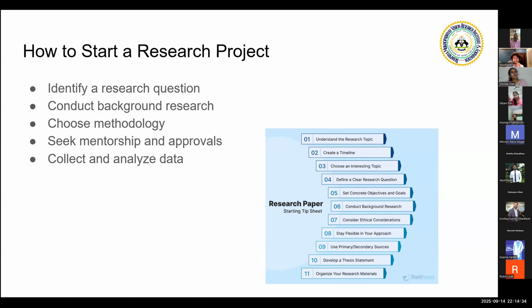Any research can be done with the approach of inductive or deductive. So any quantitative research is done in a deductive method, and any qualitative collection happens in an inductive method.